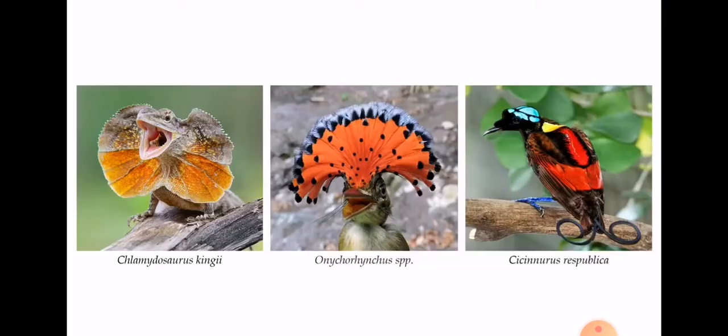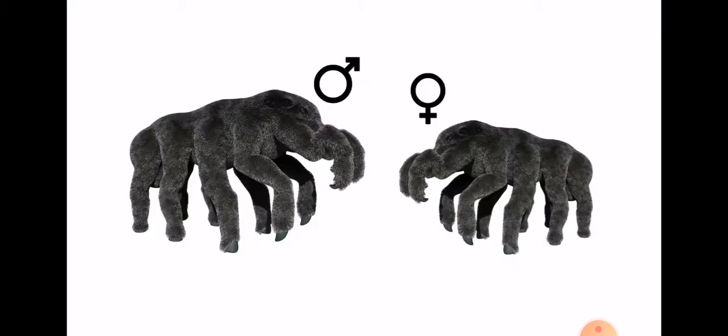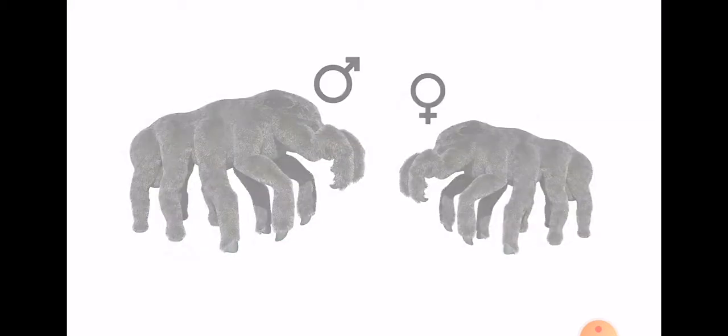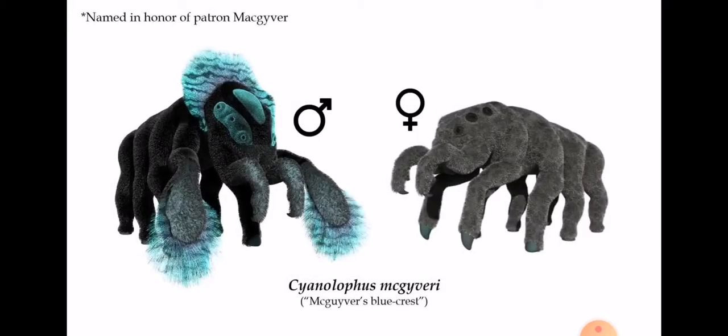Another common sexually dimorphic trait is the presence of frills, crests, or vibrant coloration, which males use to advertise their fitness without needing to engage in physical confrontations. One clade of alabrachids may opt for this strategy, with males evolving large, colorful crests on their arms and cephalothorax to use in courtship displays.